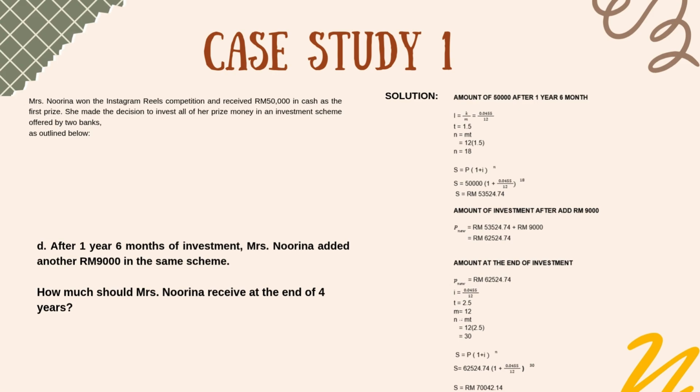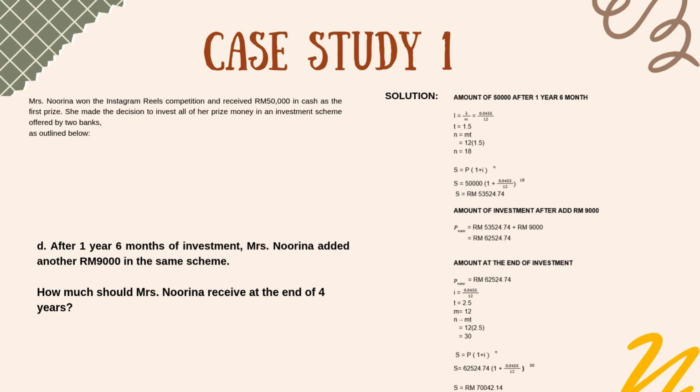The first step is to find the amount of the 50,000 after 1 year 6 months. Firstly, i equals k divided by m, which equals 0.0455 divided by 12. Then t equals 1.5. Then n equals m times t, so 12 times 1.5, and n equals 18.